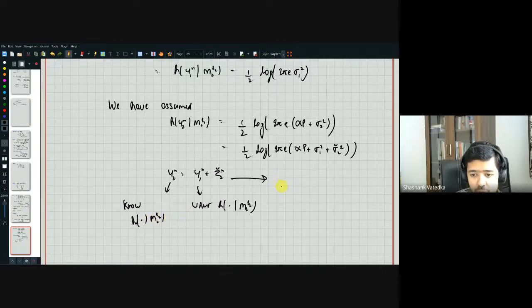We also know the entropy of z2 tilde given m2, because z2 tilde and m2 are independent of each other. The noise is independent of the message. So this is half log 2 pi e sigma 2 tilde square.